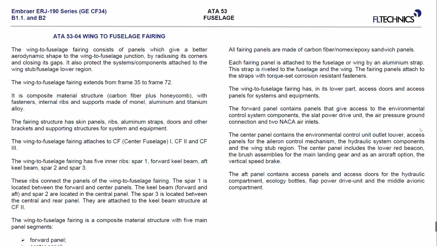Composite material, carbon fiber, and honeycomb. We have fasteners, internal ribs, supports, which are made of different materials: mono, aluminum, and titanium alloys. Keep in mind that in general, this supporting structure of the wing to fuselage fairing is not primary, it's a secondary structure, which is keeping these wing to fuselage panels.